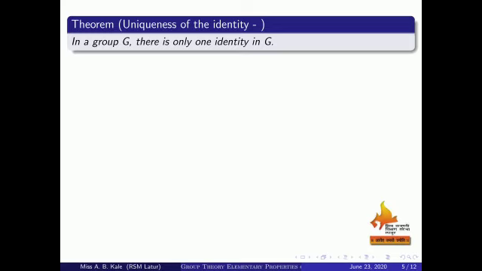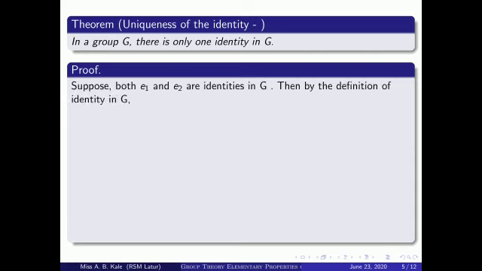Proof: suppose both E1 and E2 are identities in G. Then by definition of identity, A into E1 is equal to E1 into A is equal to A for all A in G. Since E2 is an identity in G, it implies A into E2 is equal to E2 into A is equal to A for all A in G.